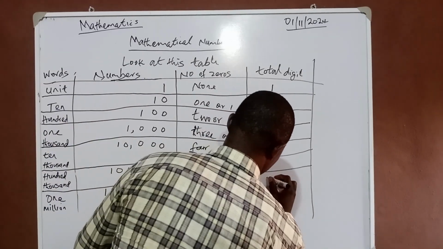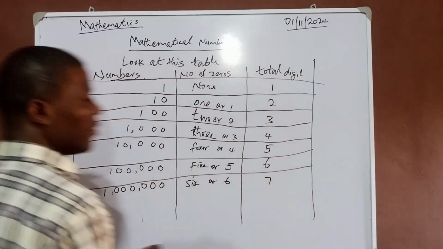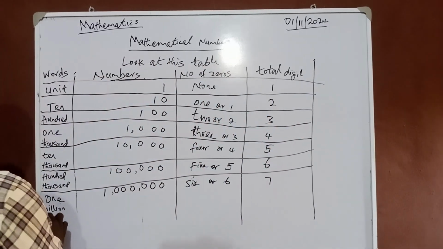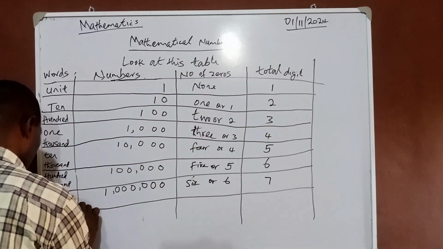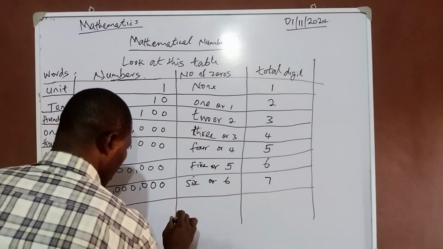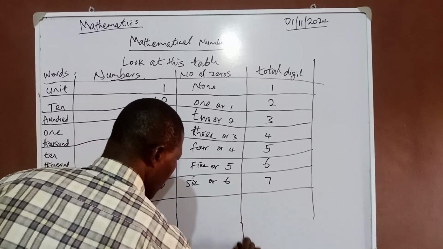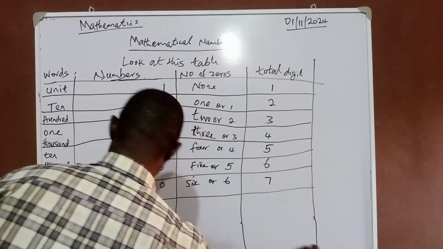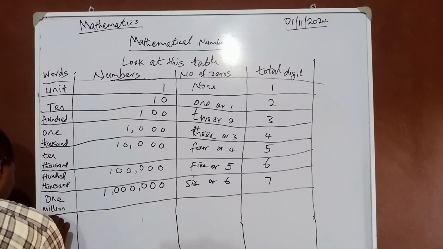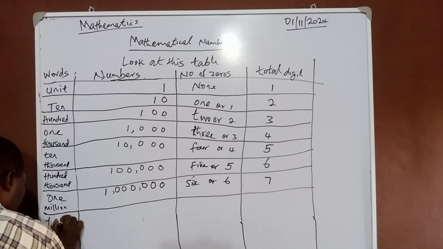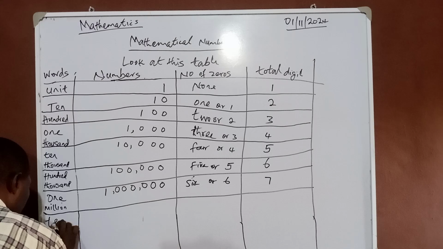You have 7 digits. So after 1 million, what is the next? What is the next figure that we are going to have as add one more zero? It is 10 million. Write it here. 10 million.